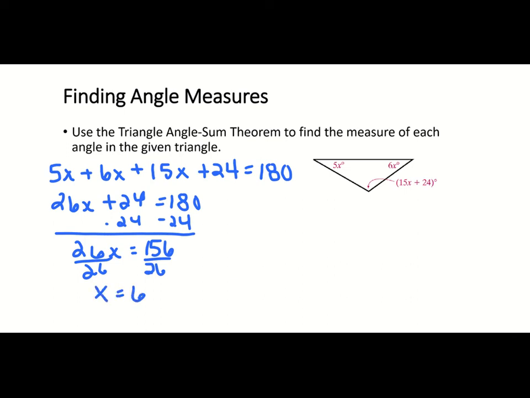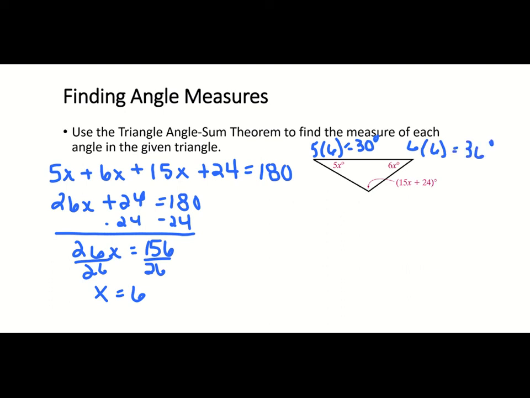So then to find my three angle measures, I'm going to go back and plug in my 6. So if I do 5 times 6, that angle will equal 30 degrees. 6 times 6 will give me 36 degrees.